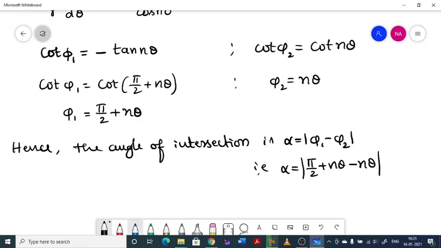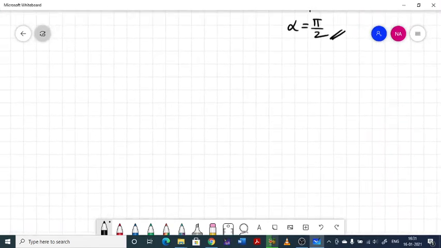N theta gets cancelled, so we get alpha equal to pi by 2. So the given pair of curves intersects orthogonally.